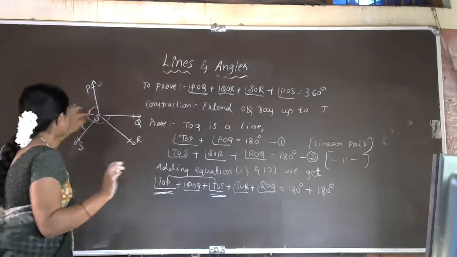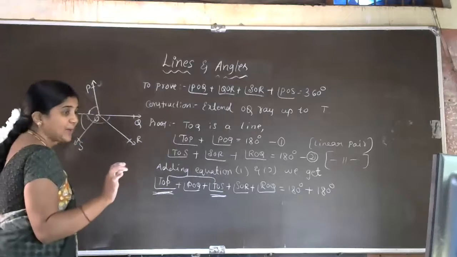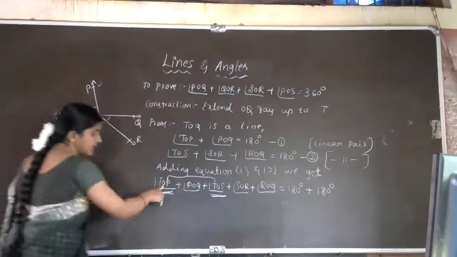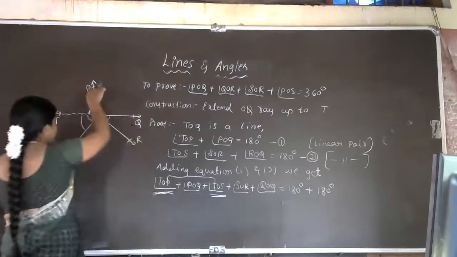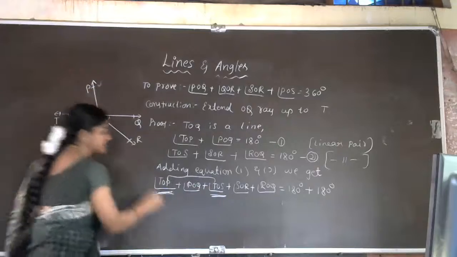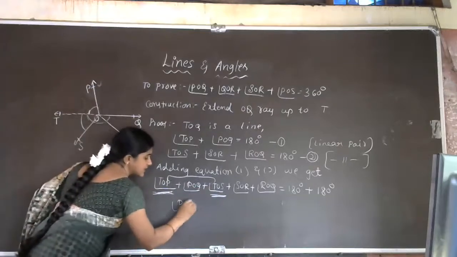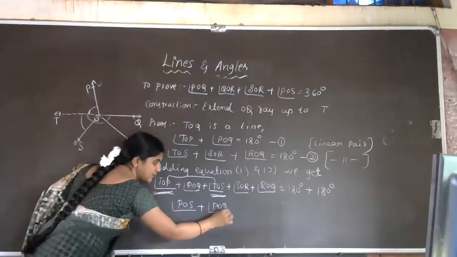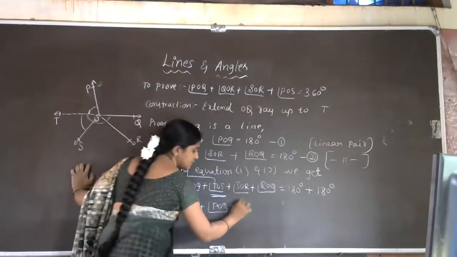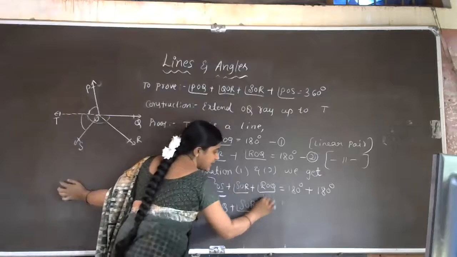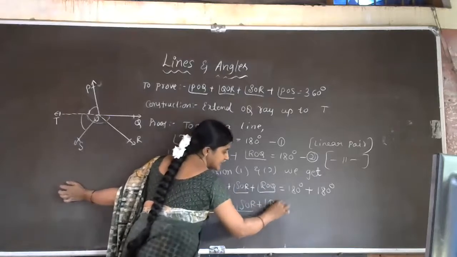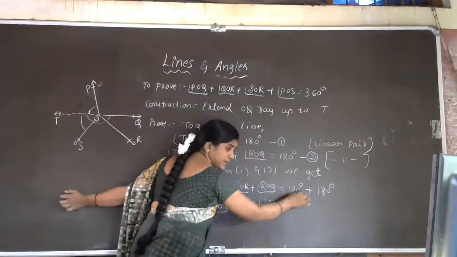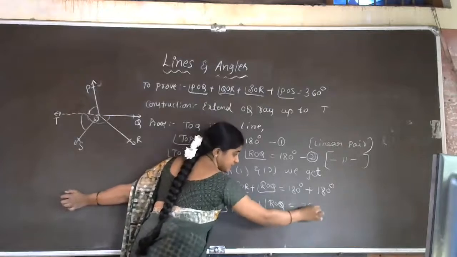After the construction, this angle is divided into two parts. So now TOP plus TOS together, can we write it as POS? Yes, angle POS plus this angle POQ as it is, plus this angle SOR as it is, plus this angle ROQ as it is. Here 180 plus 180, 360 degree.